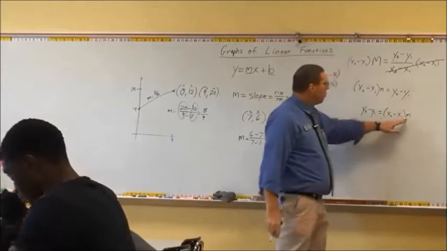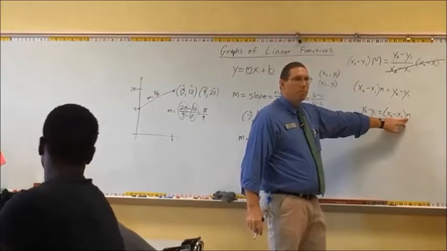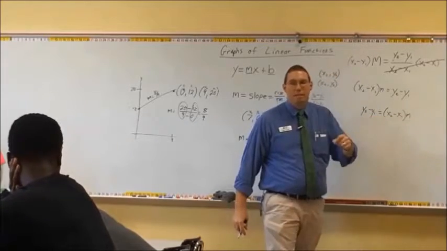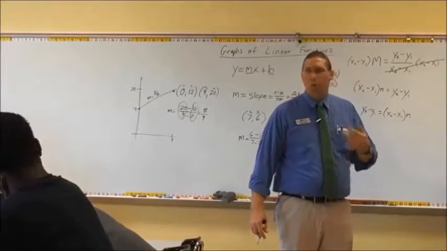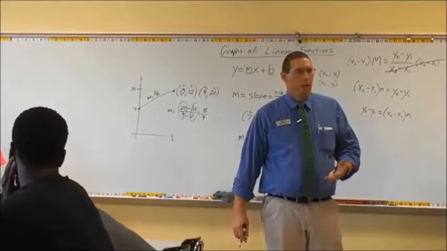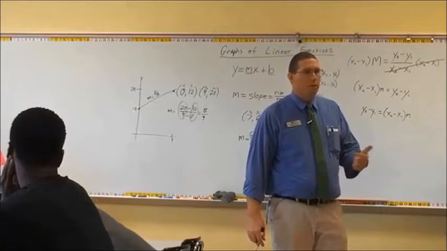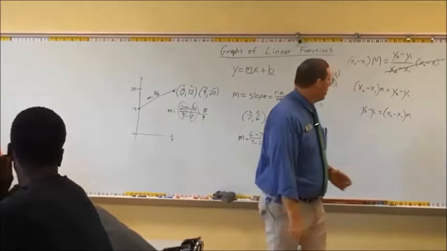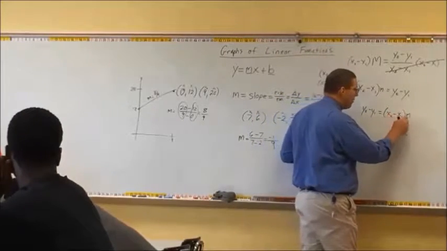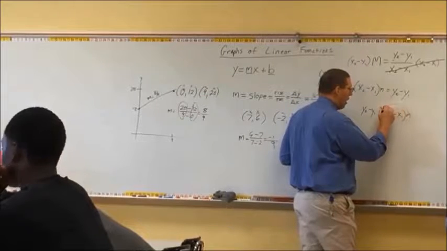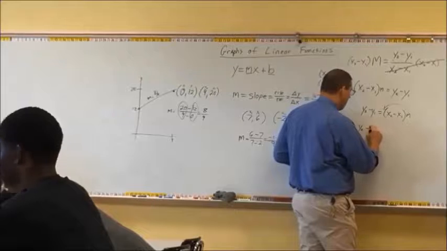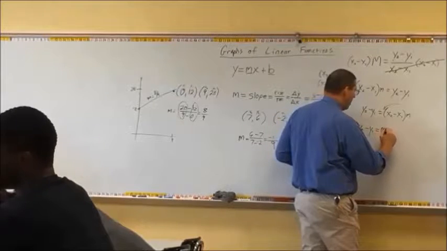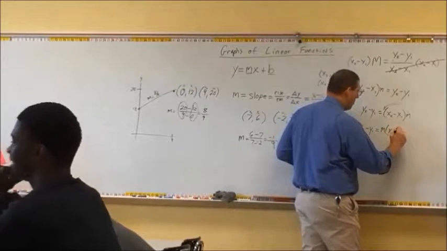Did you also know that multiplication is commutative? The word commutative means it doesn't matter in what order you do it. So 2 times 3 is the same as 3 times 2, correct? So would this be the same if I put the m on the other side? So now I have y2 minus y1 equals m times x2 minus x1.